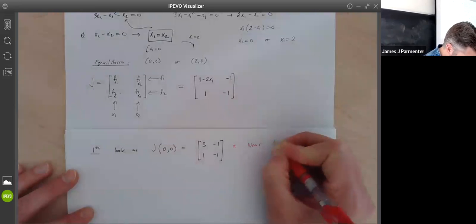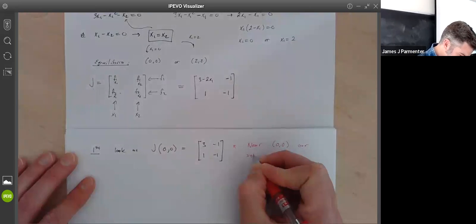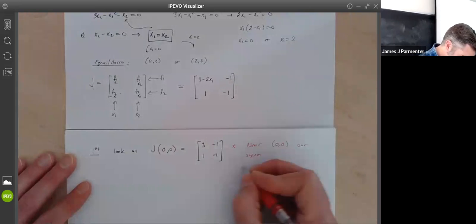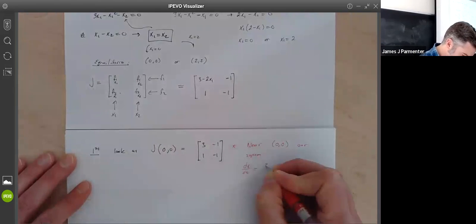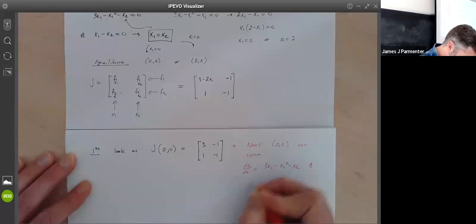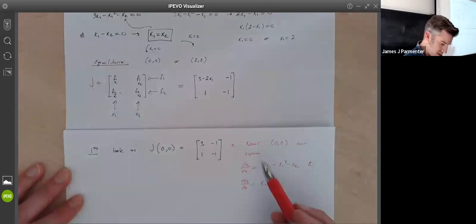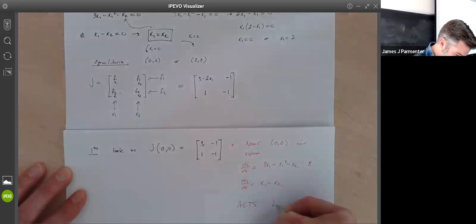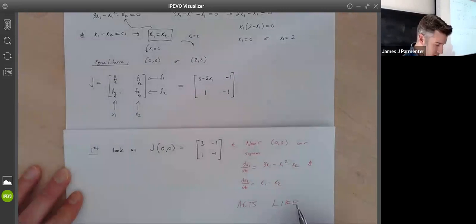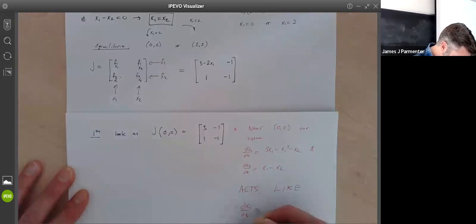Near the point 0, 0, our system, which is not particularly nice, dx1/dt equal to 3x1 minus x1 squared minus x2, and dx2/dt equal to x1 minus x2, acts like a linear system with these coefficients, meaning it's acting like dx1/dt equal to 3x1 minus x2 and dx2/dt equals x1 minus x2.